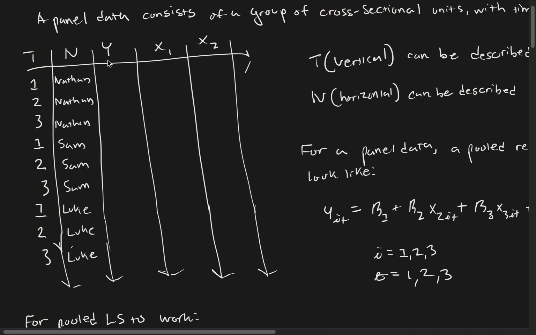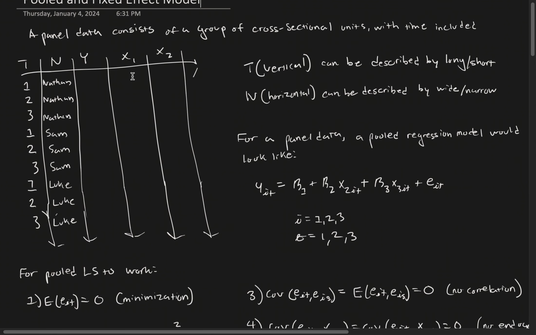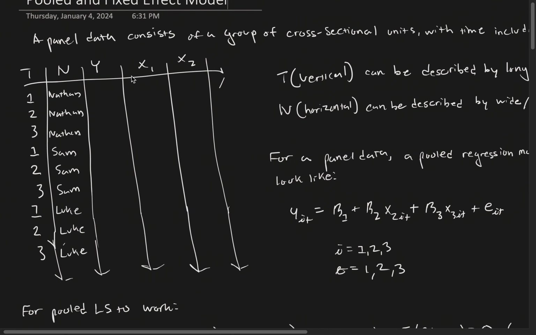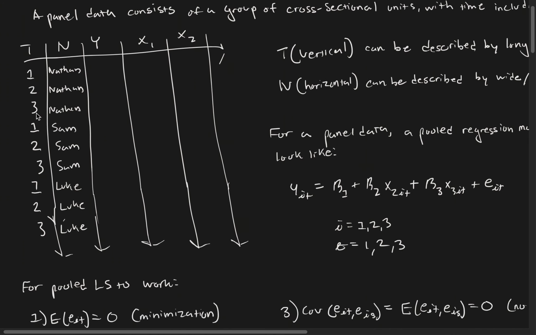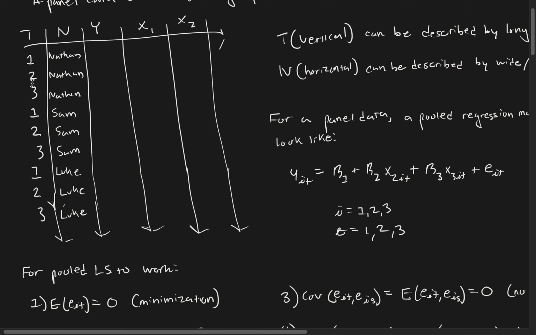So given this data here, what we call is a panel data that consists of cross-sectional units with, again, given time, a consistent time measurement here, a set of time units that samples the same individuals.